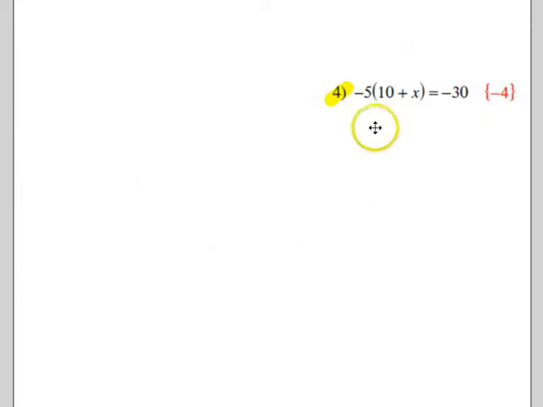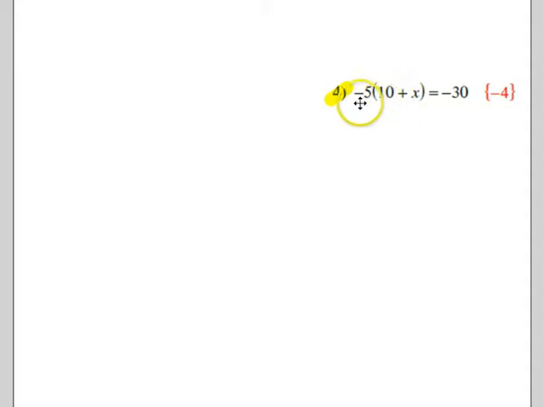The next one, number 4 here, you might be tempted to use the distributive property and distribute that -5 to both pieces inside the parentheses. You can if you want to, and that solution will work, but I'm going to show you a faster way. Remember, I want to undo in the opposite order of PEMDAS. PEMDAS says the first thing I deal with is anything inside parentheses.